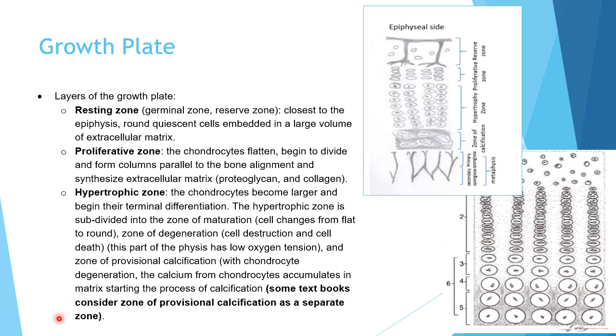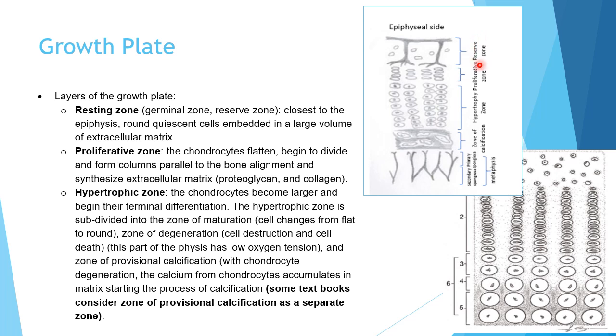However, some textbooks will consider zone of provisional calcification as a separate zone by itself. So this is why there may be some confusion with this topic, as some references will indicate the zone of provisional calcification is a separate zone, and some will include the zone of provisional calcification within the hypertrophy zone. So let's speak about these zones in more detail.